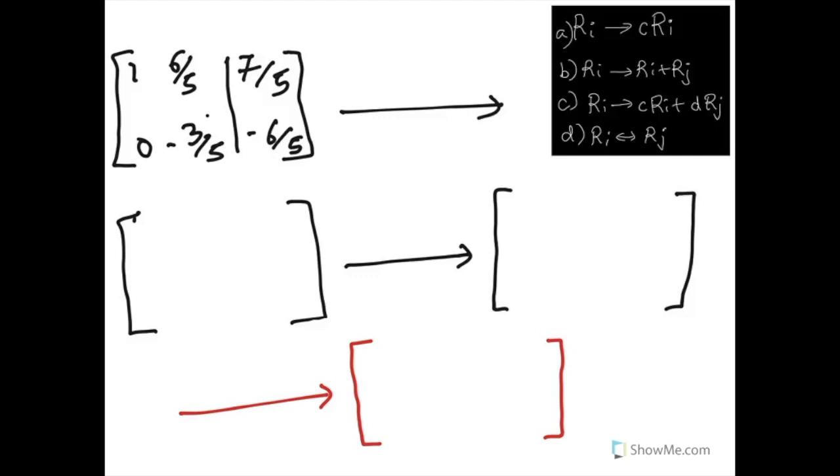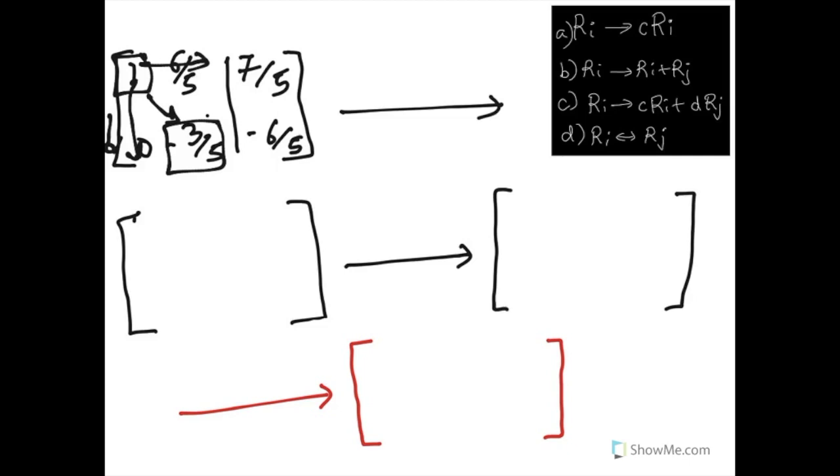Since we got the first pivot position, and we also got all the entries below that pivot position to be 0, we need to move on to find the next pivot position. So for the time being, we want nothing to do with this row or this column, and we move to the next one. The next leading non-zero entry, which is negative 3 by 5.